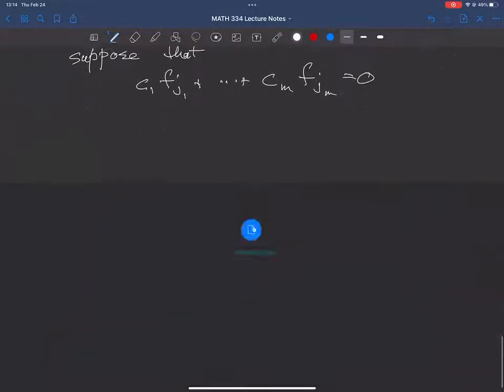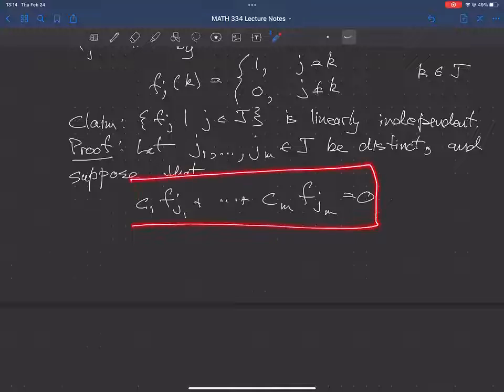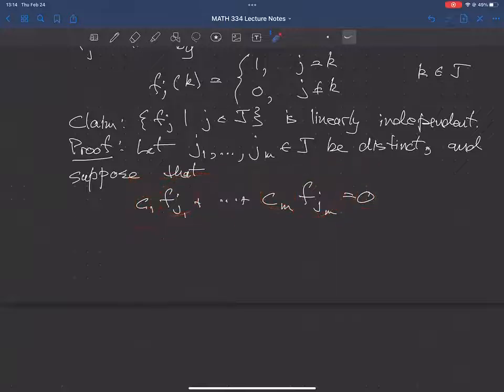All right. Okay, so now this thing is a function. These are functions, and these are scalar multiples of a function, and then a linear combination of those.